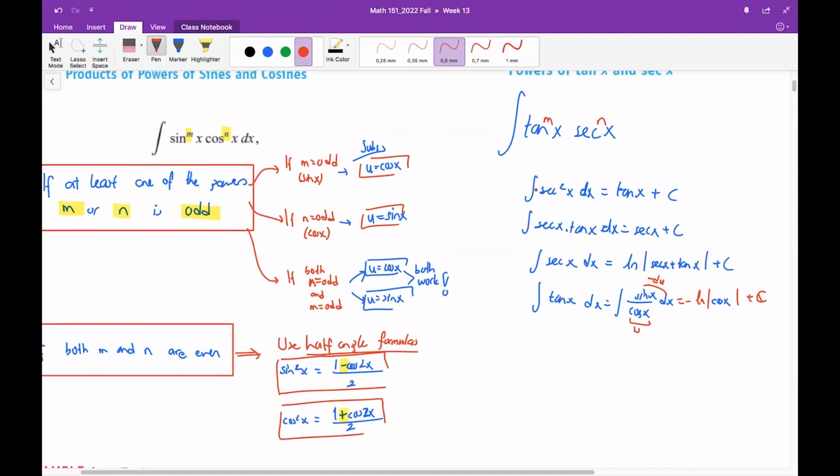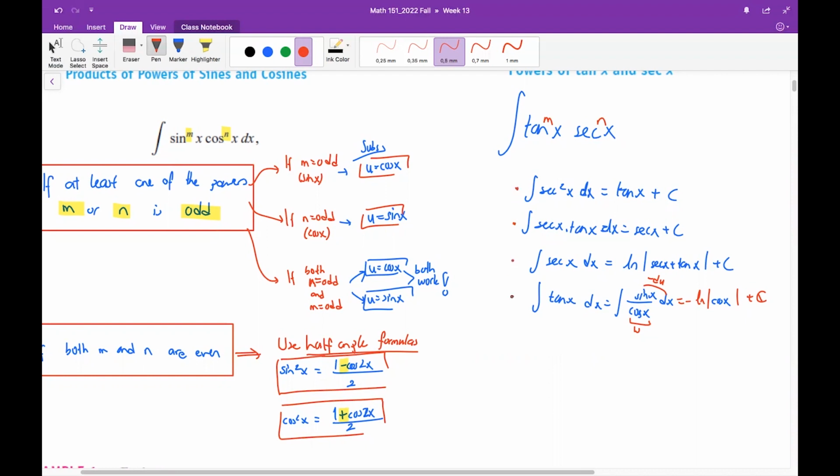To deal with higher powers of tangent and secant x functions, we try to do substitutions, and whenever we need, we can also use integration by parts to reduce the higher powers to lower powers.